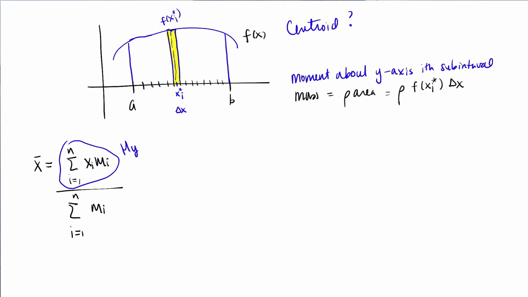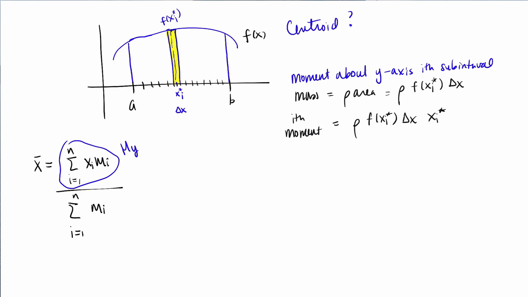Perfect. Now, imagine that instead of just having one of them, I have infinitely many of them, okay? Then my ith moment is equal to mass, which is rho f of xi star delta x, times my xi star, which is just the midpoint.